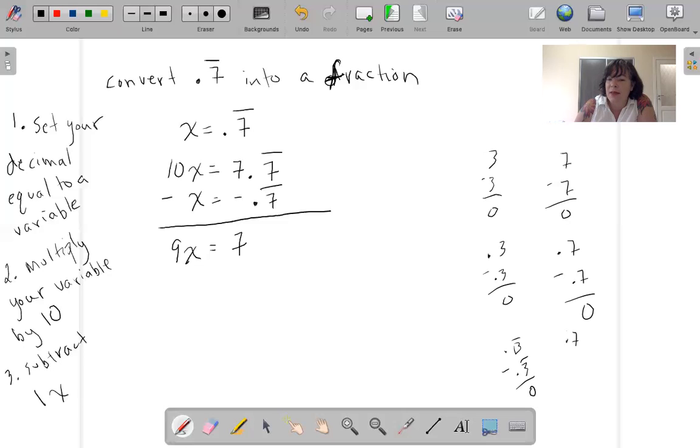So 0.7 repeating minus 0.7 repeating is 0. So here we are back at our problem. Now it's gotten really, really easy.